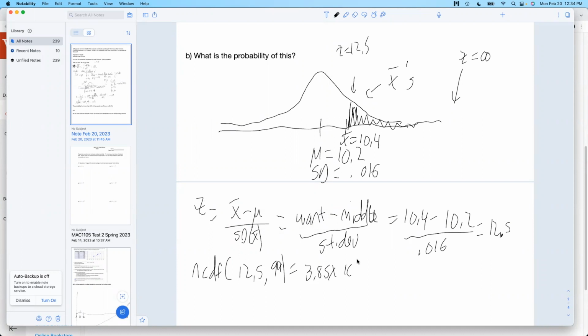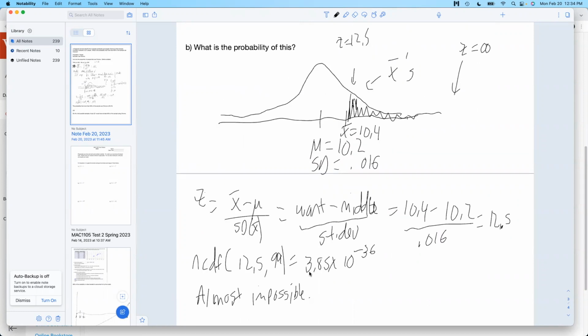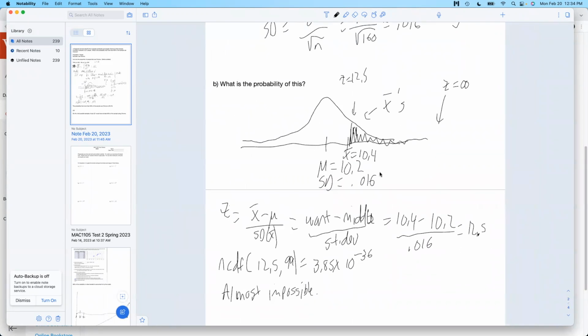So that was 3.85 times 10 to the negative 36. That's an incredibly tiny number. Almost impossible. So that's the probability of getting a sample average that's 10.4 or bigger.